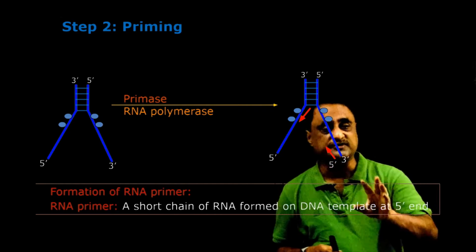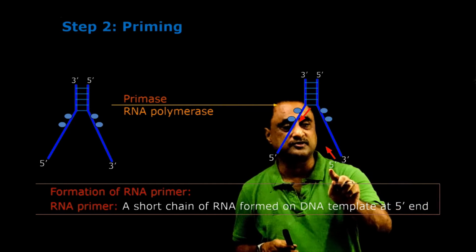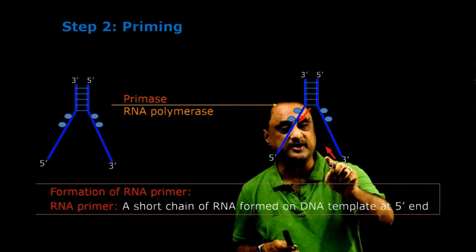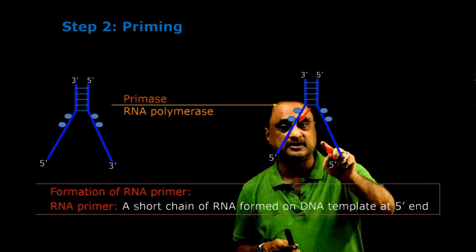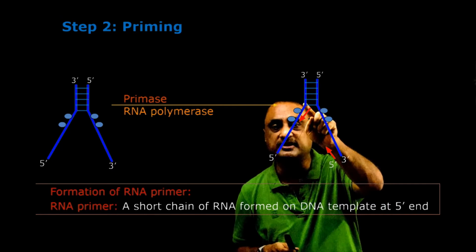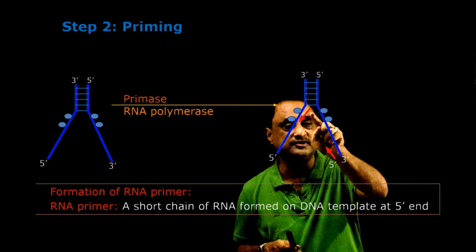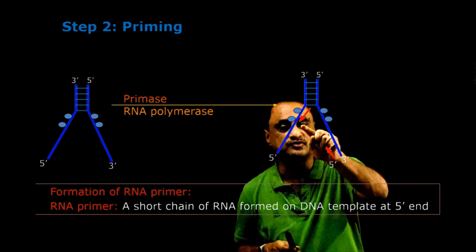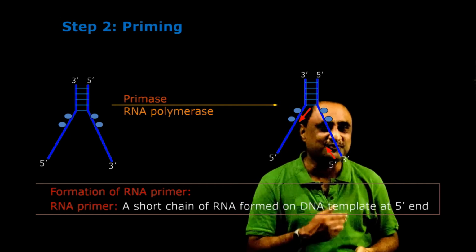You can see over here, this particular position is actually 3', so naturally the newly synthesized end is going to be 5', right? So here also the synthesis is going to occur in the 5' to 3' direction. Okay, so this was step 2.